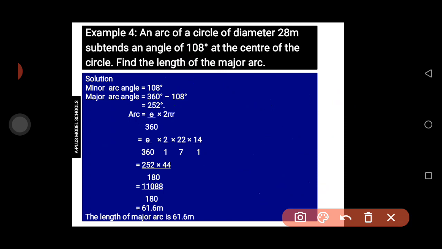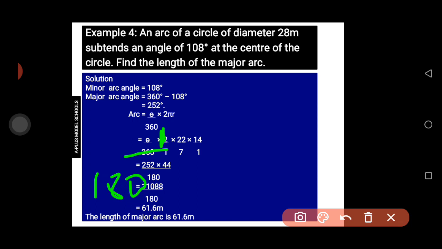So I have 252 times 22 times 14. Or I can even divide from here. 2 goes into 2 once, 2 goes into 360, that is 180. So that is 180 degrees.